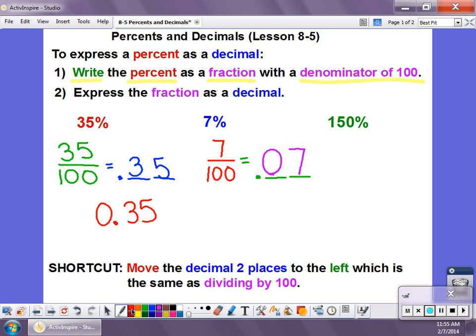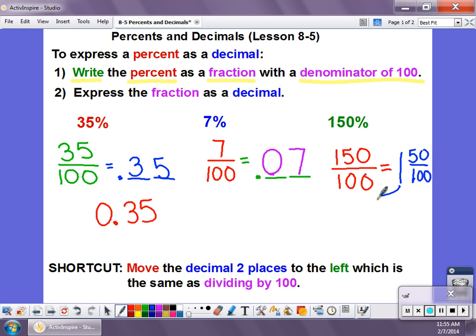Now 150% is a little bit trickier. We know that this is an amount that's more than 100%. Because we have more than 100%, it's more than one whole, which is going to end up giving us a mixed number. So I'm going to start off changing this to a mixed number. 150 out of 100 is the same as 1 and 50 over 100.